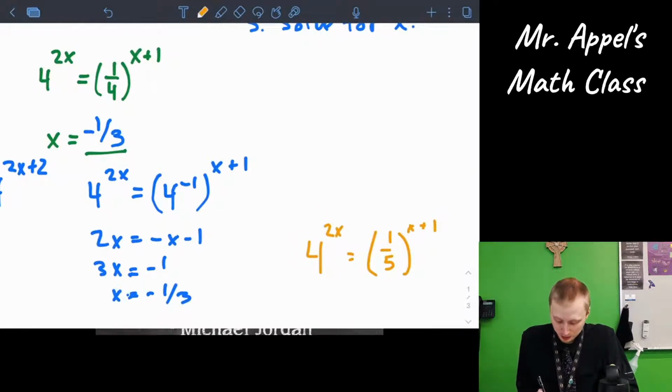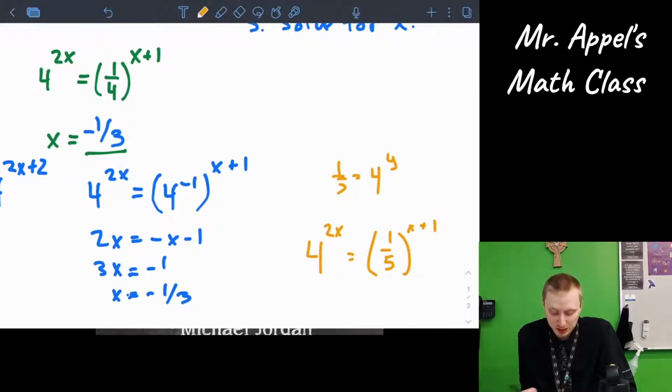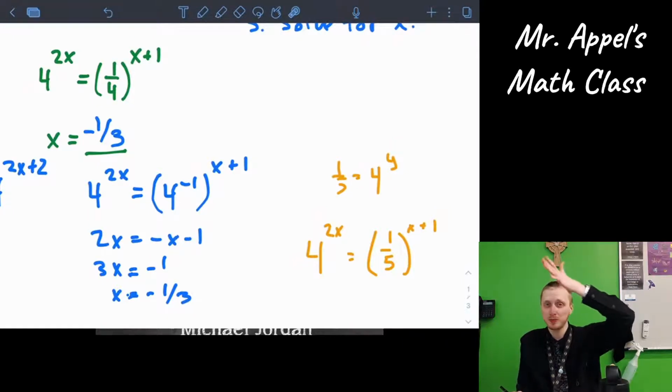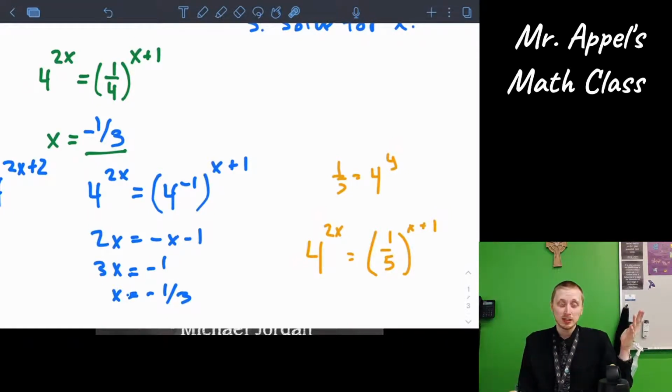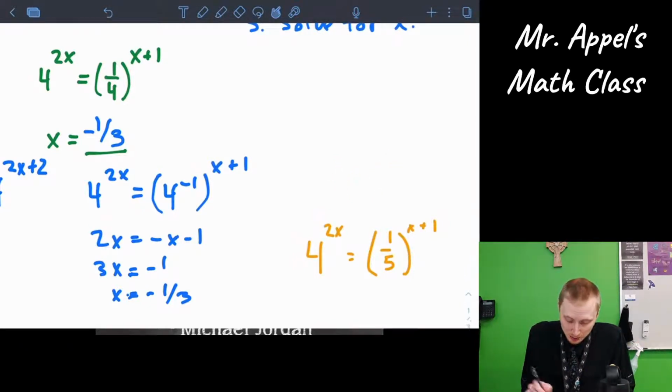How the heck are you going to write 1/5 as a power of 4? That's ridiculous, right? This is not anything I would know off the top of a multiplication table. It's got to be some crazy, weird, negative fractional thing. It might not even be rational. I don't know. How the heck are we going to solve this?